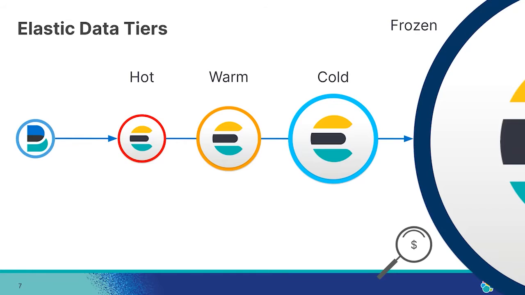With the cold tier, you can store up to twice as much data on the same amount of local storage. Then there's the frozen tier for low relevance data, which decouples compute from storage to leverage S3 and other object stores to store and directly search up to 10 to 20 times as much data for the same amount of local hardware as in warm.